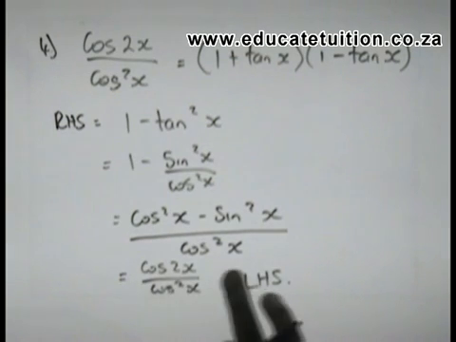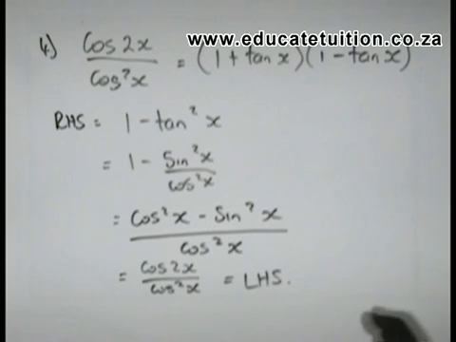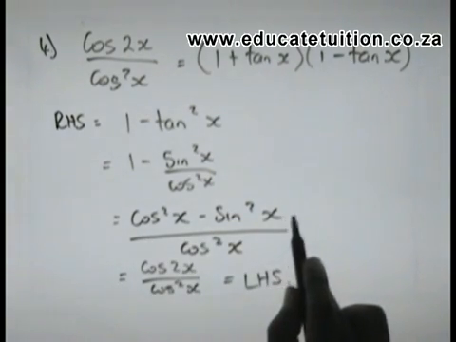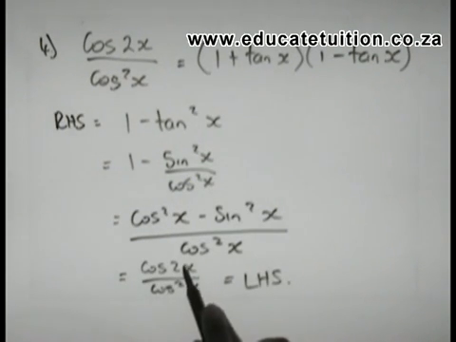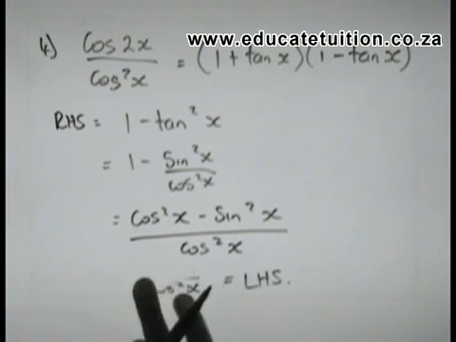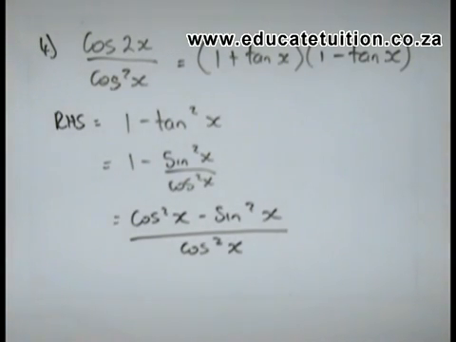Now, if you don't like going backwards from the balance of the equation to the start, for example from cos squared x minus sine squared x to cos 2x, what you could have done in this case was stop your right hand side there. Right?